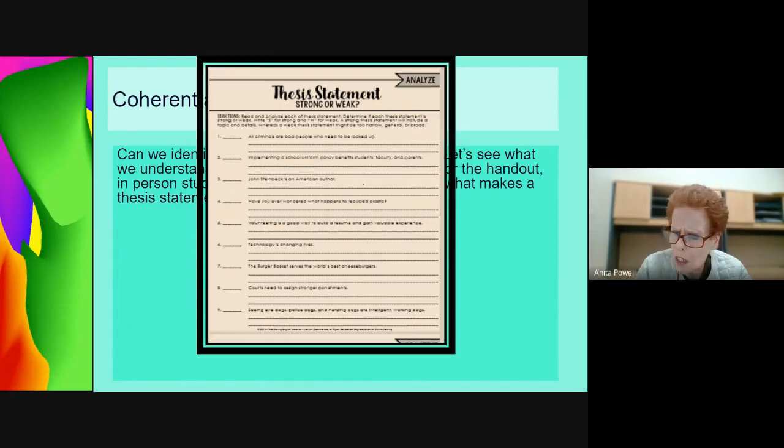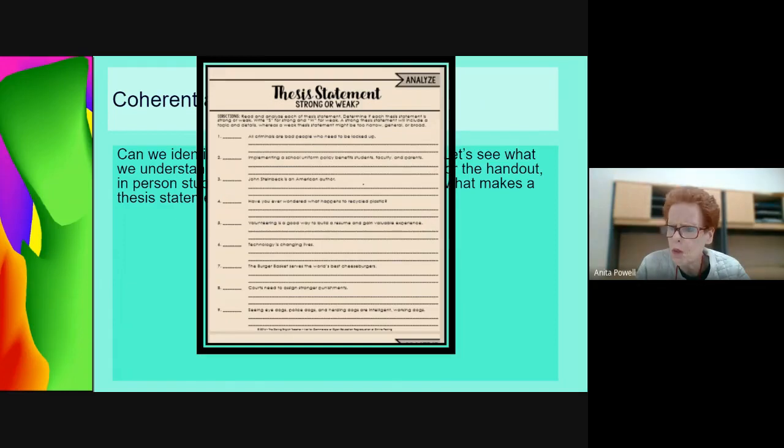And by the same token, I think you need to define what you're talking about as far as who the criminals are. You're entirely too general here. Implementing a school uniform policy benefits students, faculty, and parents. Okay, once again, that's too general. It's too broad.